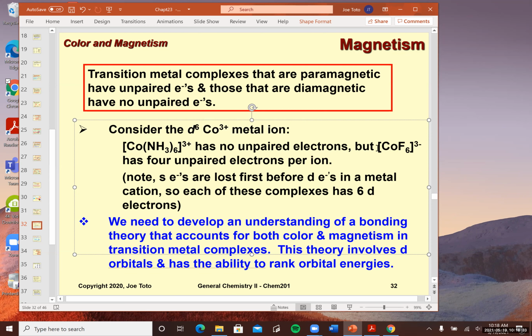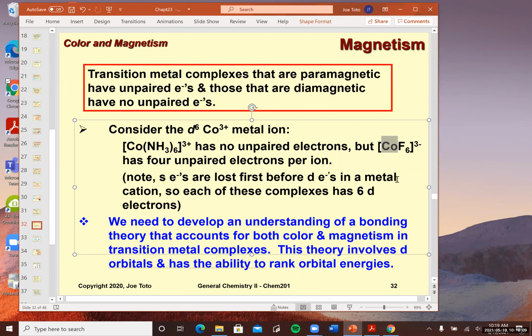Now over here, I have this complex, CoF6 3-. The overall charge of the complex is 3-, and I have 6 fluorides. So that means I need 6 electrons to go to all of those fluorides. 3 of them came from somewhere else, maybe 3 potassiums in this crystal. That means there must be 3 electrons given up from the cobalt.